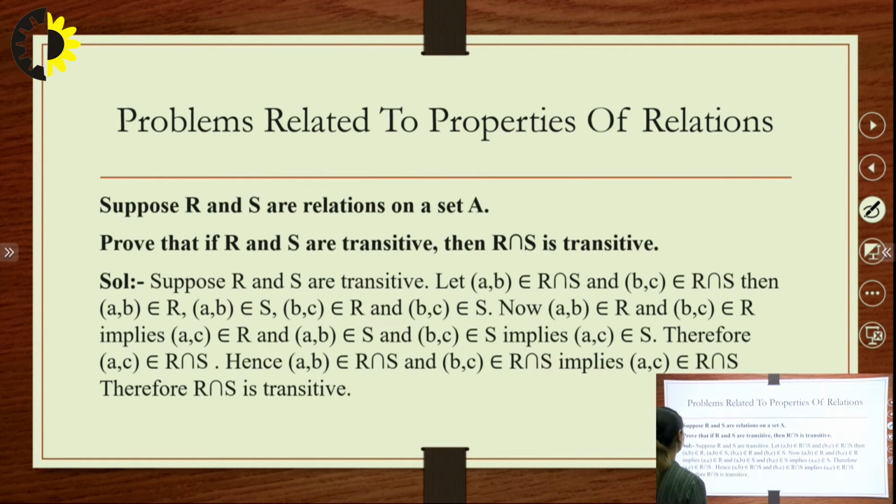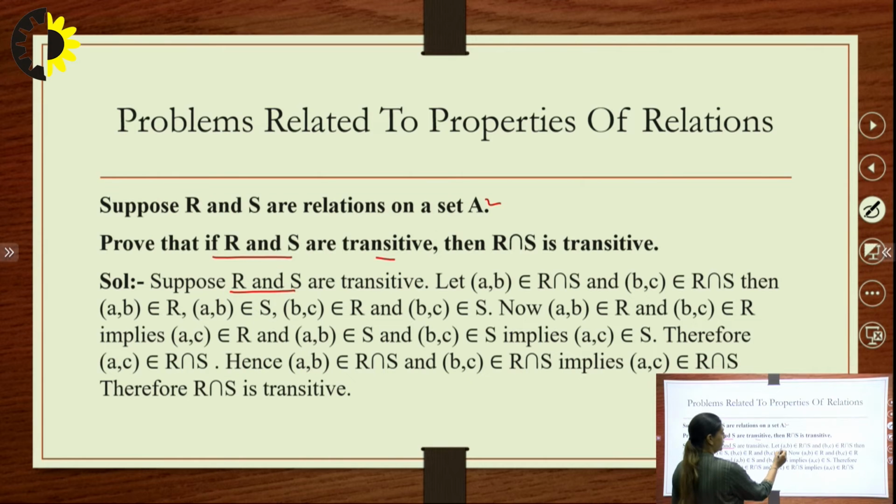Next problem: suppose R and S are relations on set A. Prove that if R and S are transitive, then R intersection S is also transitive. Now, suppose that R and S are transitive.